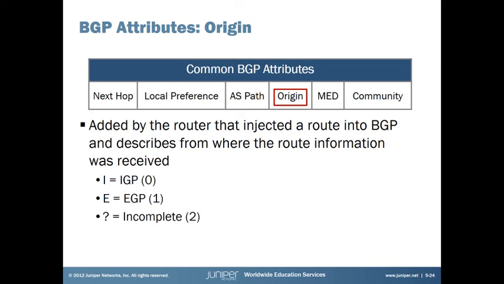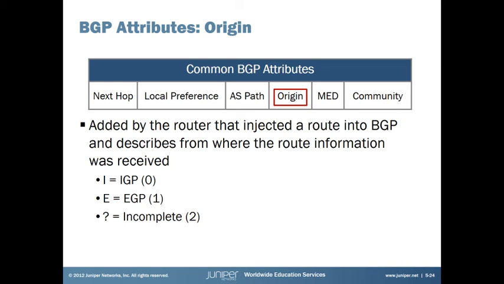And then there's the incomplete. In other words, it doesn't know where it got it from. Now, this is also used as part of the route selection process. Each of them is given a number. So IGP is a 0, EGP is a 1, incomplete is a 2, and the lowest number is the most preferred.